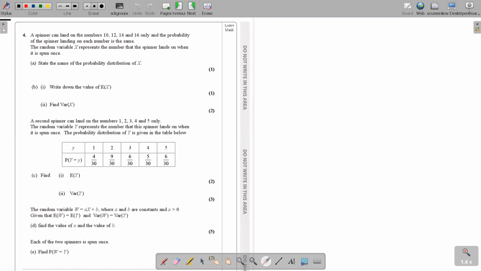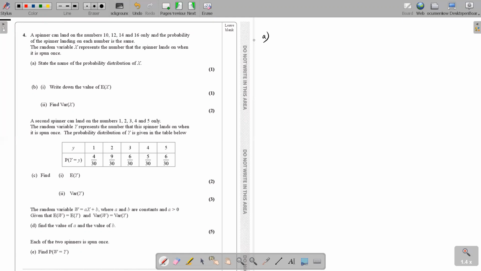Okay, so the random variable X represents the number that the spinner lands on when it is spun once. State the name of the probability distribution of X. So what's the special name that we give here when the probabilities are all equal? Uniform. Uniform is the exact word, and if you can add one more word to that: discrete.